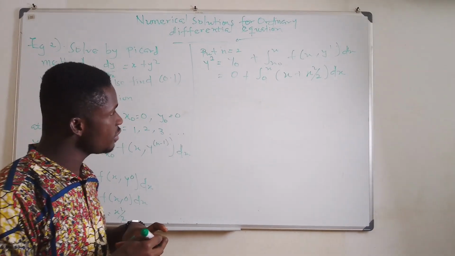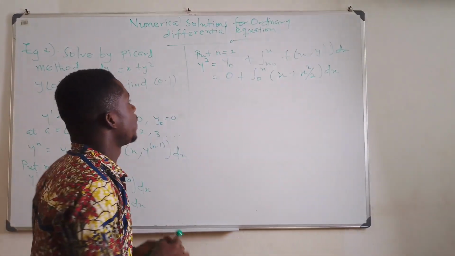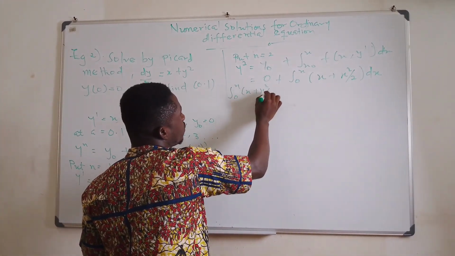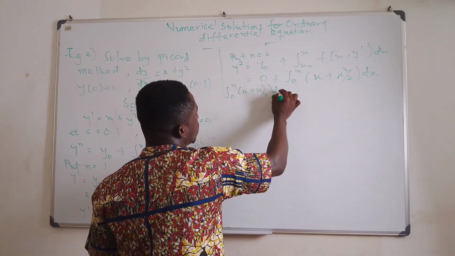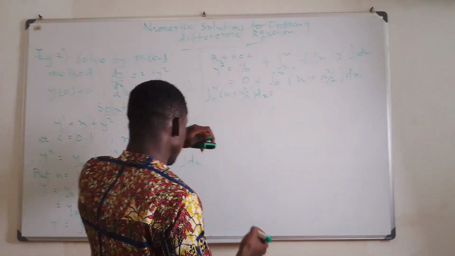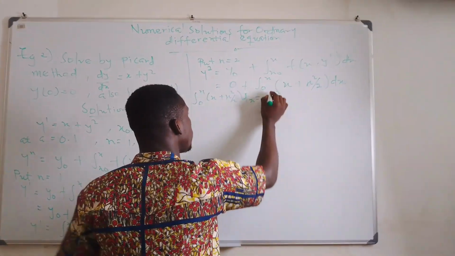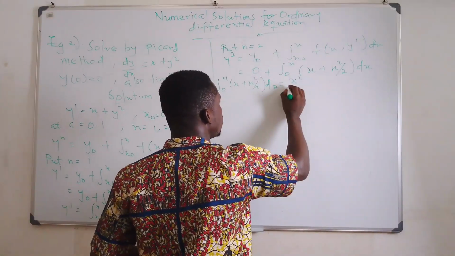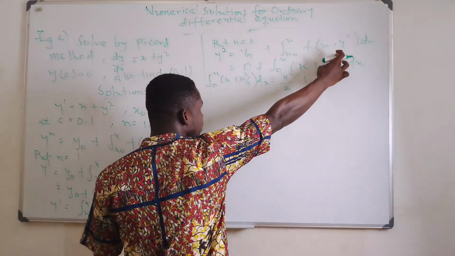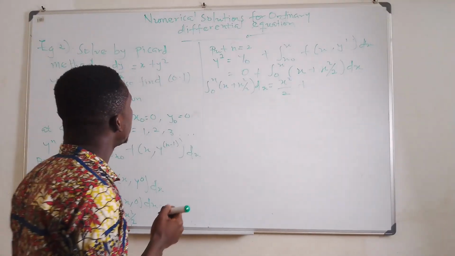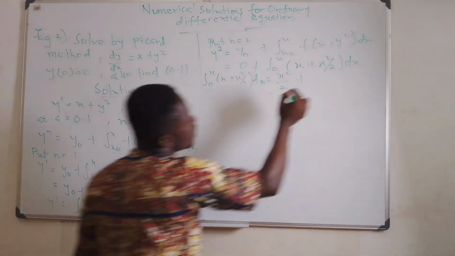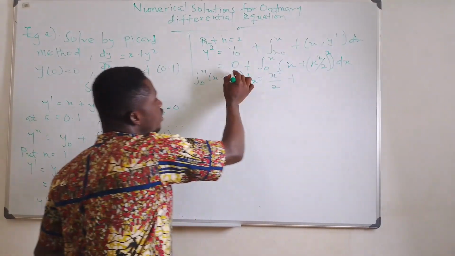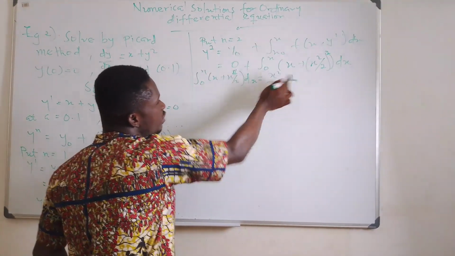Very good. So you are going to integrate this. When you integrate x, you are going to get x squared on 2, plus we are going to integrate this one also. Mind you, there was a square here, so you are going to square this. It's all squared, so here will be x to the power 4, and 2 multiplying 2 is 4, so here will be 2 squared, which is 4.